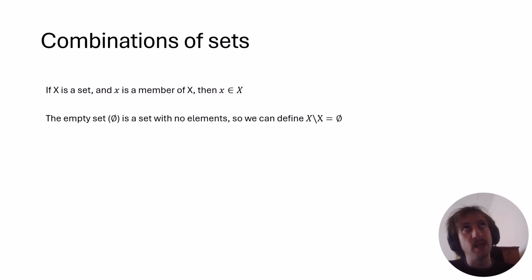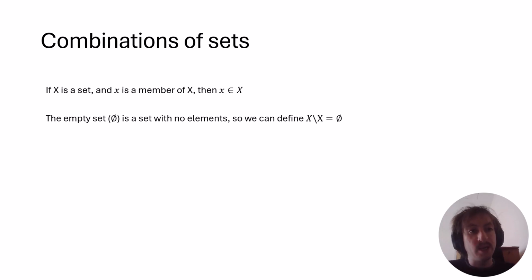We can formally define it as follows: if we consider two sets A and B, we can think of a way of getting a set out of those sets by looking at the difference between A and B. The difference of A and B is the set of elements that are in A but are not in B.